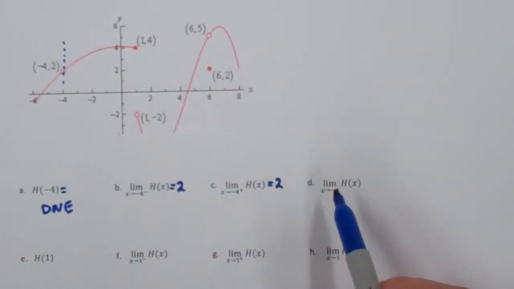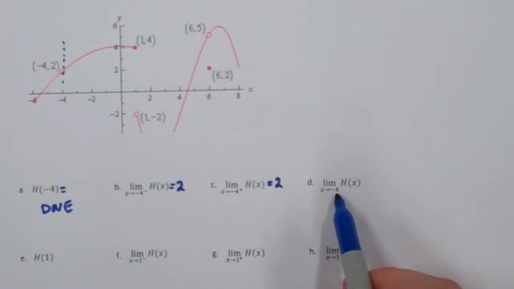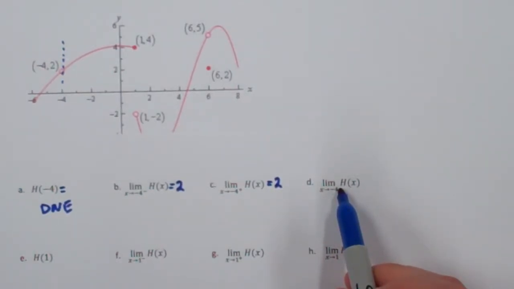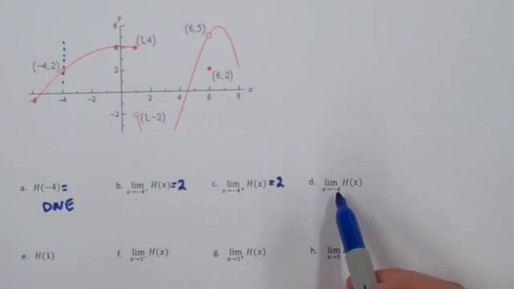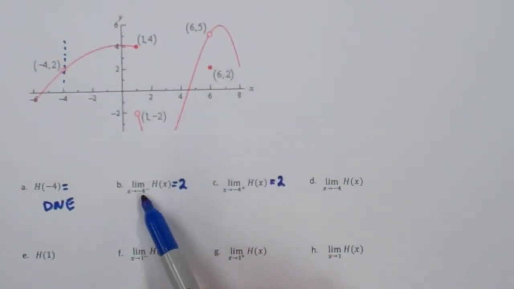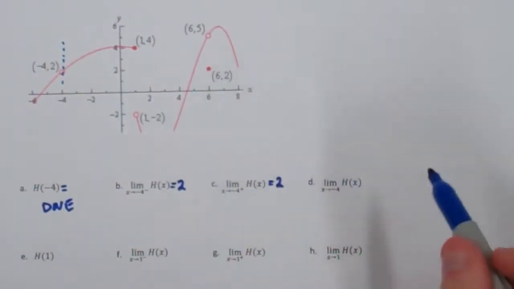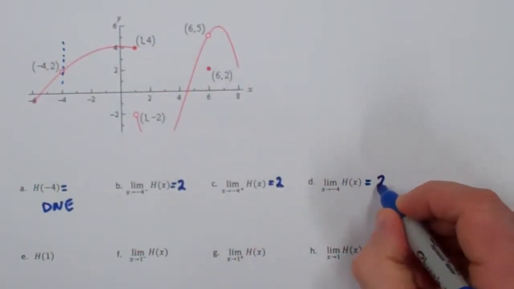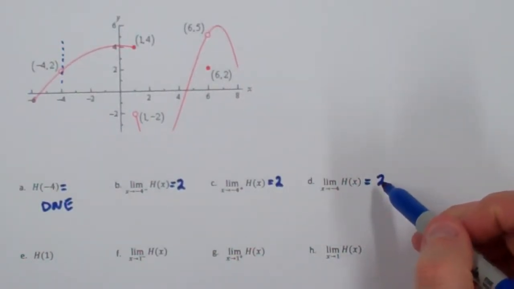If we want to make a conclusion about the limit as x approaches -4, there is no negative or positive sign here, so this is just the regular limit, and for a limit to exist, it needs to be the same from the left and the right. The limit as x approaches -4 from the left and from the right is definitely the same thing, so we can conclude that that limit is 2.